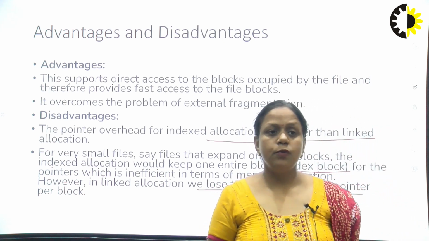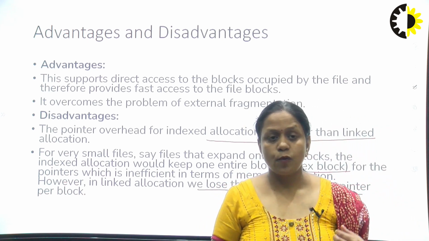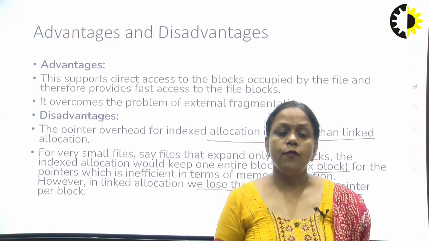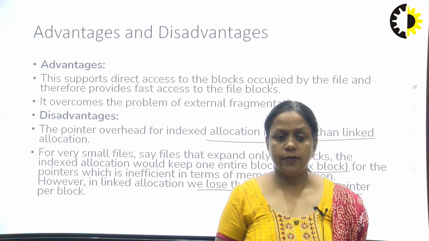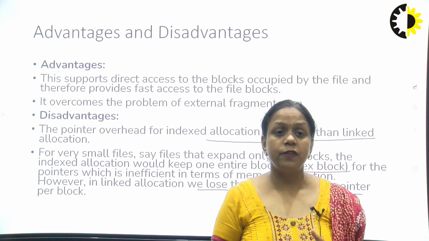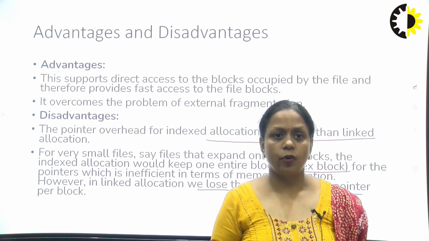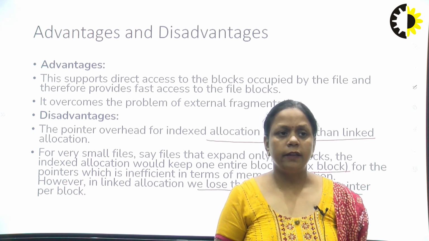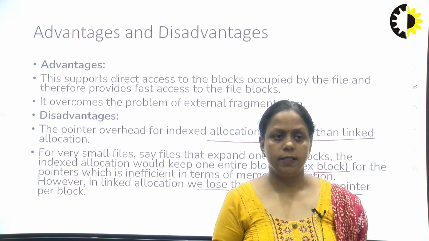Okay, if there is a small file, then we have to give an entire block for storing the pointers, which increases the overhead and will decrease the memory utilization. Fine. That's why this technique is not very useful in the case of small files.